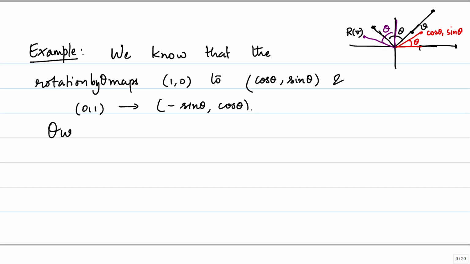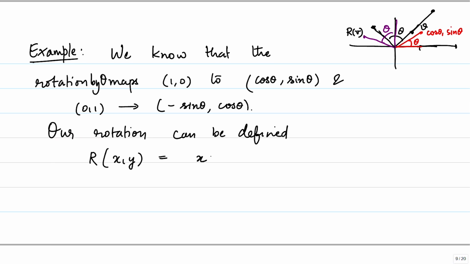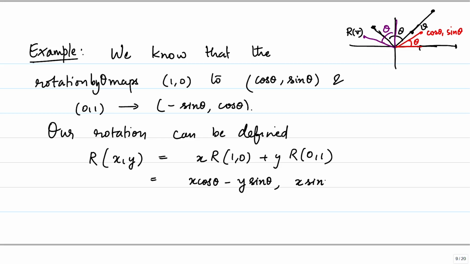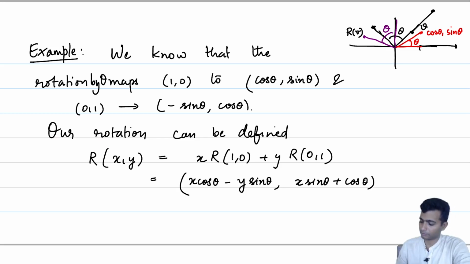So our rotation on an arbitrary vector (x, y) can be defined, by our previous theorem, as R of (x, y) equals x times R of (1, 0) plus y times R of (0, 1), and this is going to be (x cos theta minus y sin theta, x sin theta plus y cos theta).